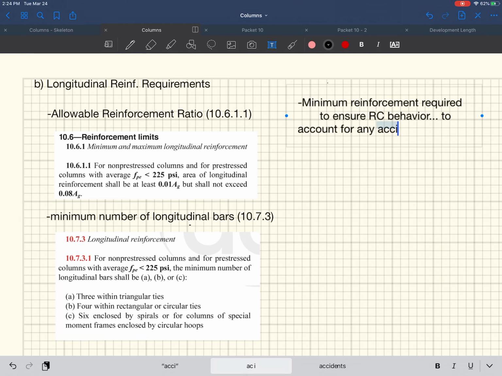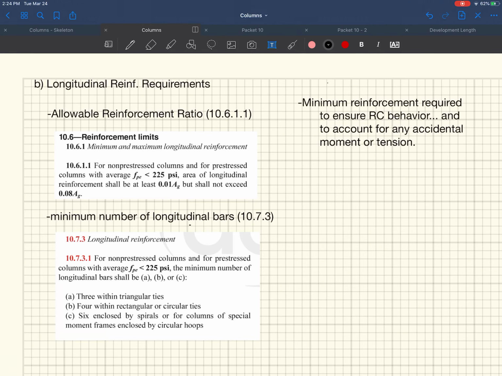To account for any, and I'm going to add this part, accidental tension.